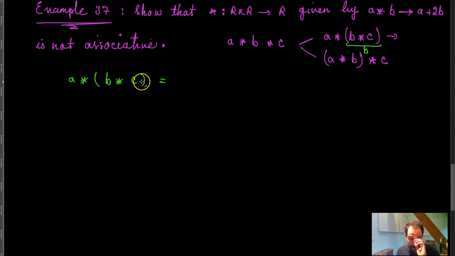Now let's take three values for A, B, and C. Let's say A is equal to 8, B is equal to 5, and C is equal to 3.